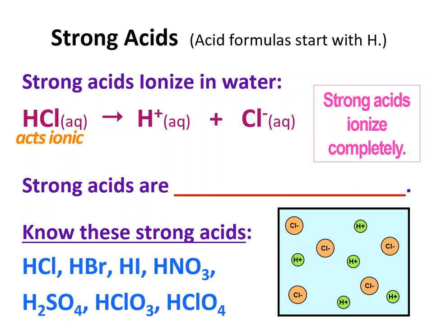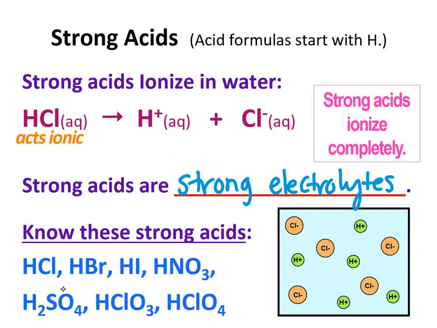So strong acids are strong electrolytes. And there are 7 strong acids. You need to know these because when you see them, you need to know if they're going to be ionized, if they're in water or not. Again, with acids, if they're strong, in water, they're all in the ion form.